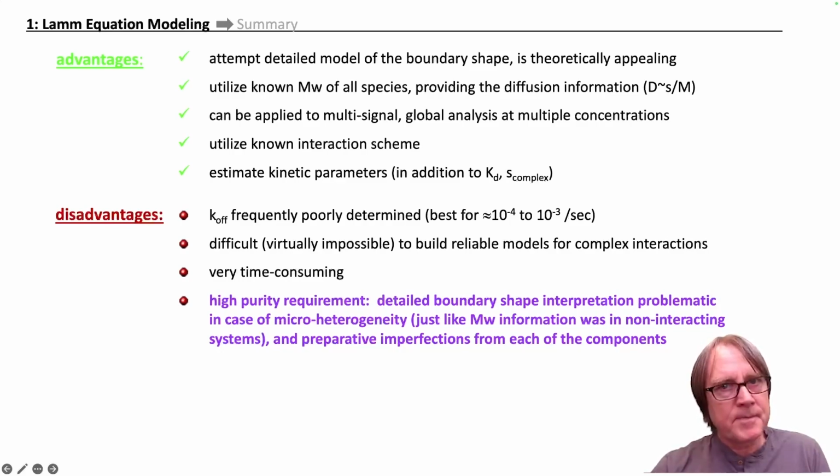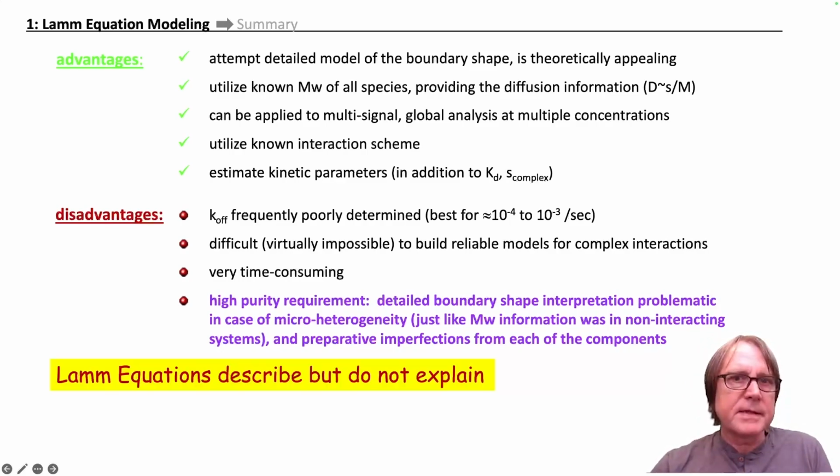But for me, the biggest problem is that Lamm equations are basically computational recipes for the evolution of concentration profiles with time. And as such, they describe, but they do not explain what is going on and why we have certain boundary features.